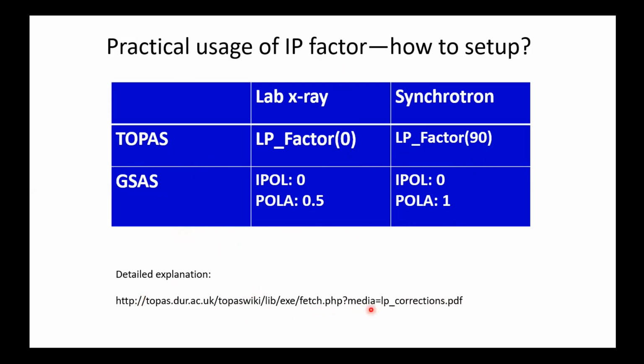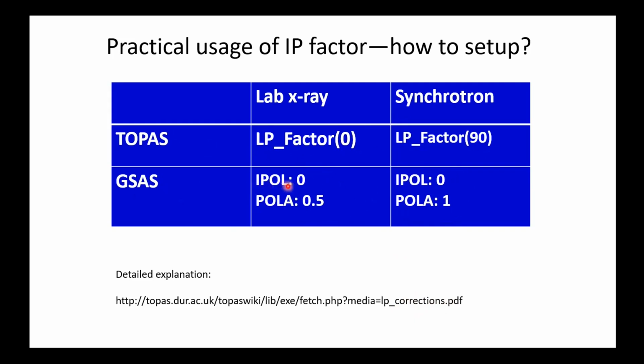Alan gave a very detailed comparison among the functions and the meaning of the parameters in this PDF file. You can directly copy paste in your web browser and download it. So the conclusion is when you use Topaz, you use this parameter for the different radiation, and when you use GSAS, you use these parameters for the setup.